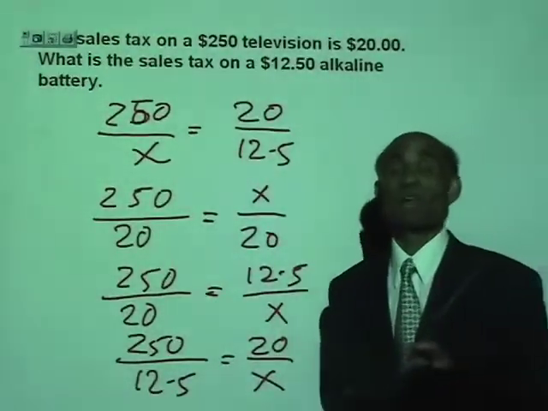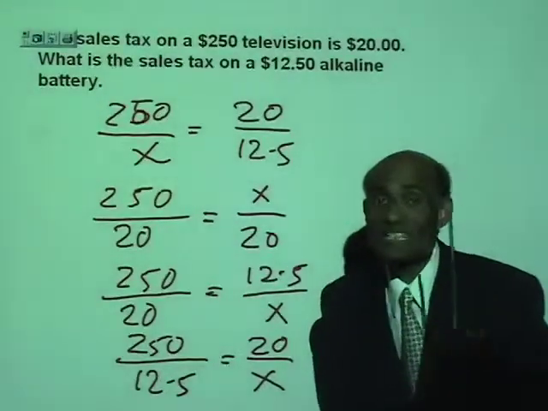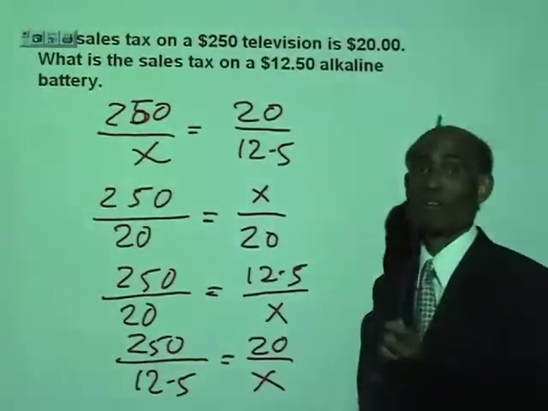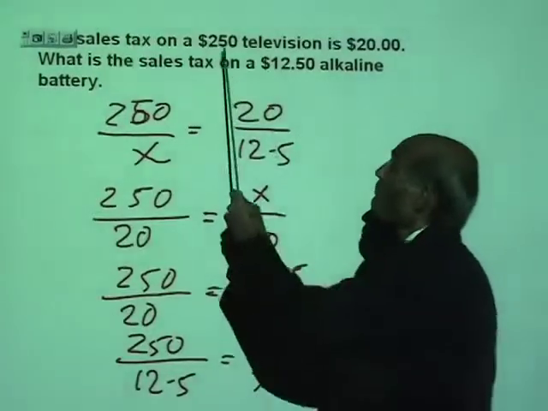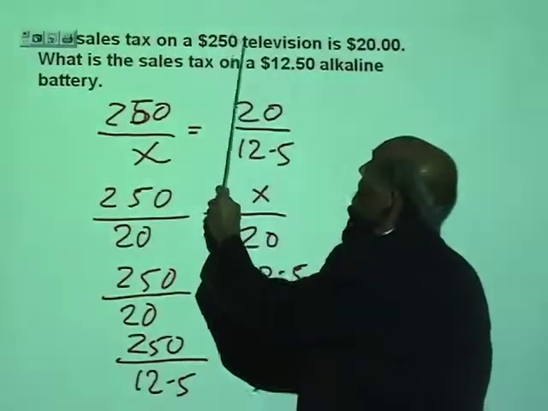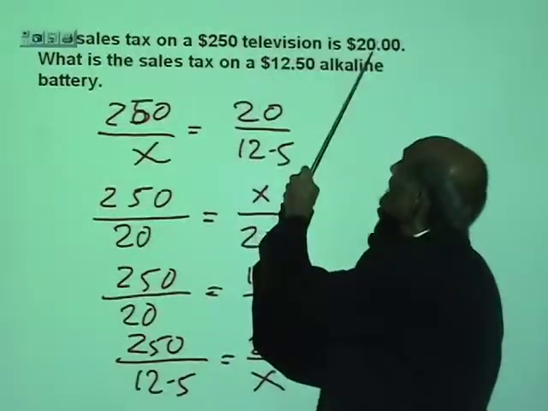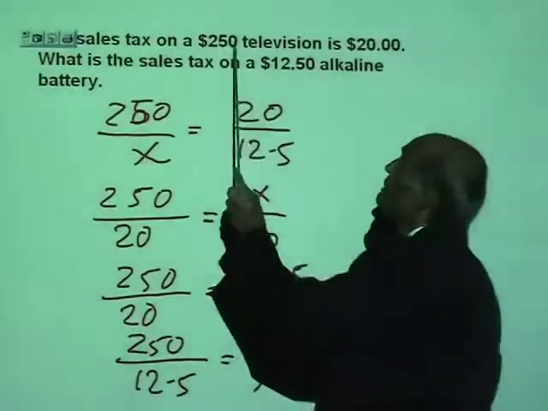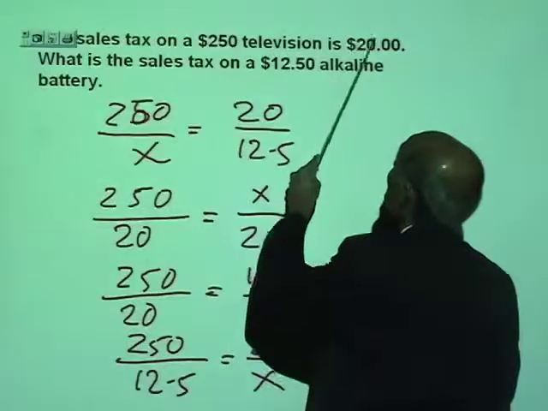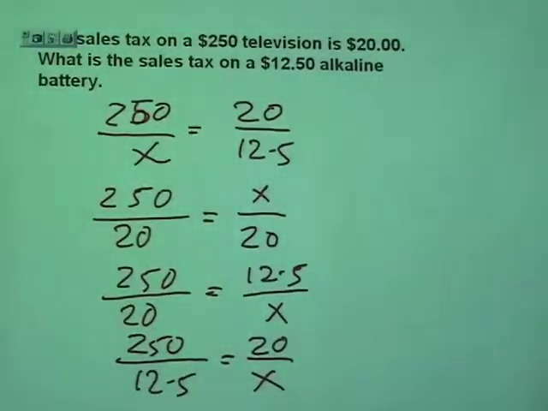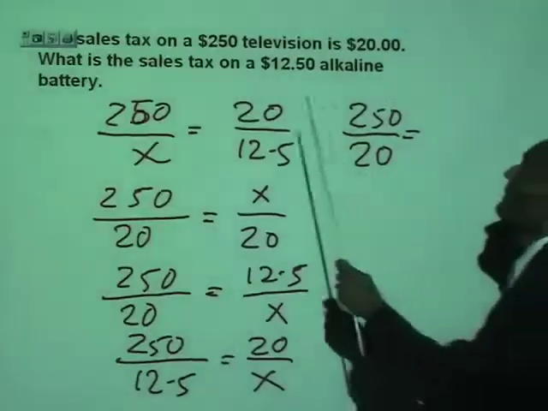Well, now I have given you a method of setting up a proportion. What is the method? Take a ratio of dollars, the cost to the tax. What is the ratio? That will be 250 divided by 20. That is the first ratio. And that must be equal to, what's the second ratio?